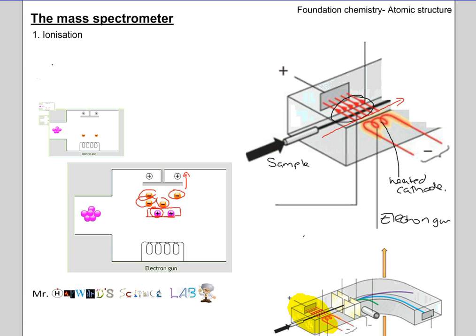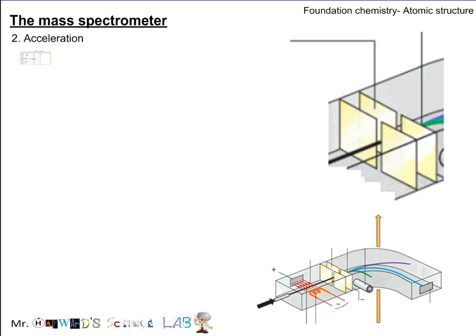The second stage is acceleration. So now we're looking at the second part, so around here, of our mass spectrometer. And what we've got is a negatively charged plate where the ions, remember they've now formed positive ions, are going to pass through.